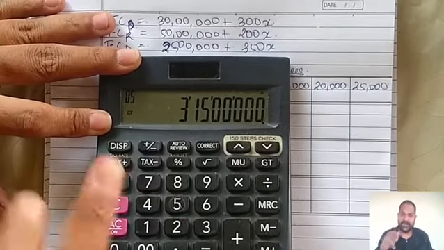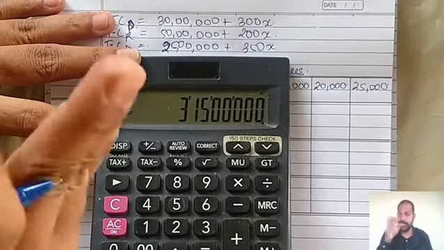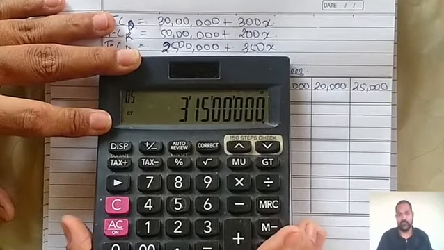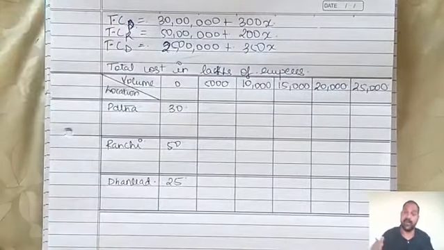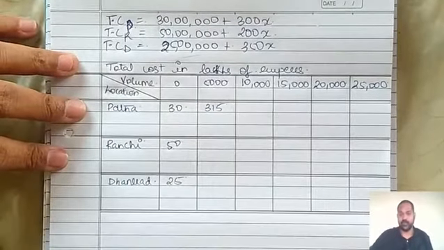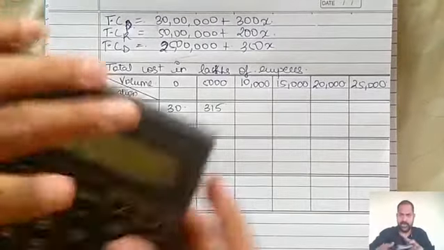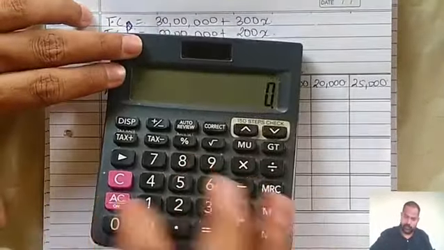So can I say, if I write that in lakhs of rupees, I will skip the 5 zeros, so I will be left with 315. So this is going to be 315 lakhs of rupees. Or have I made a mistake? I'm sorry, let me just check it one more time.